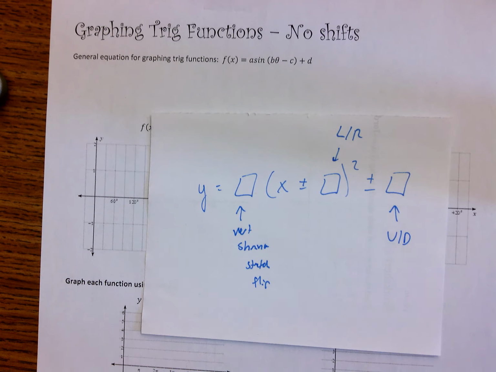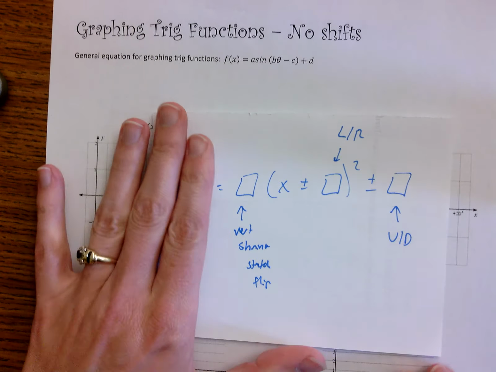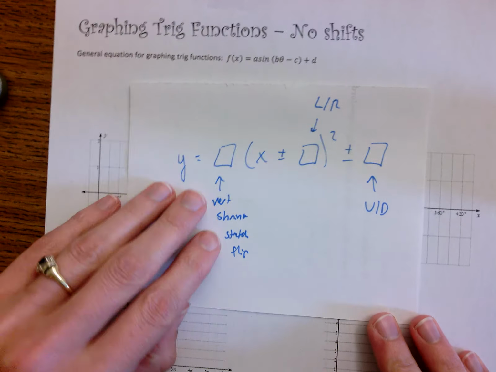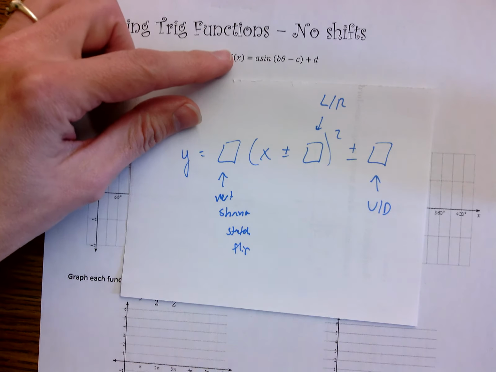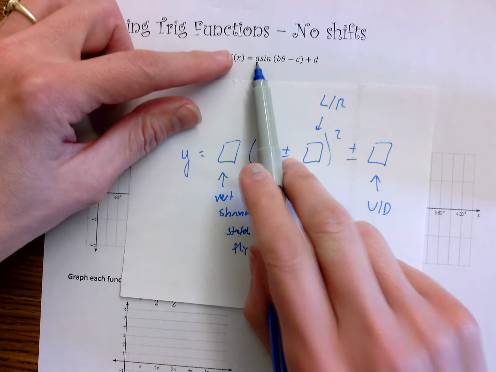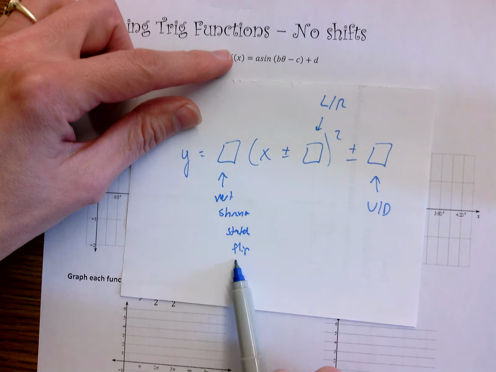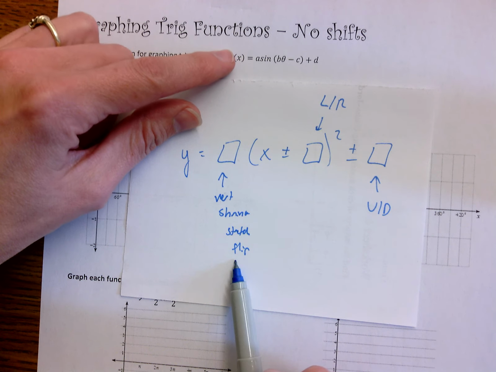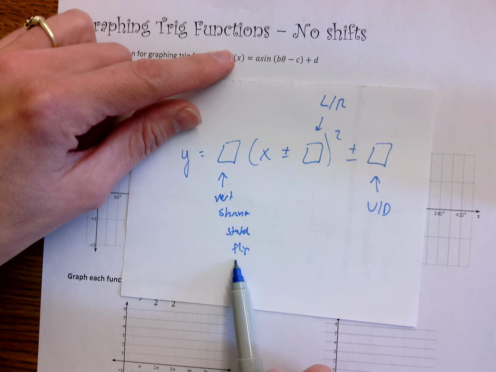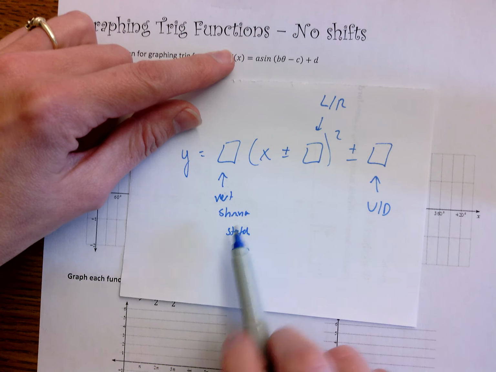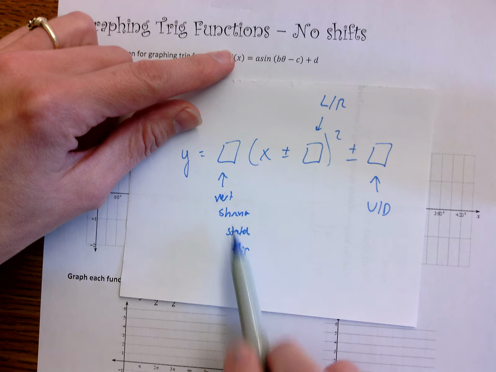Well, if you remember doing that, it's okay if you don't, but if you do, you can kind of see how there's a lot of matchup between these two things. So this A value corresponds to the A value that you had in your parabola, and it's going to do basically the same things. That's going to be your amplitude, and it's going to tell you about how tall your sine or cosine wave goes.